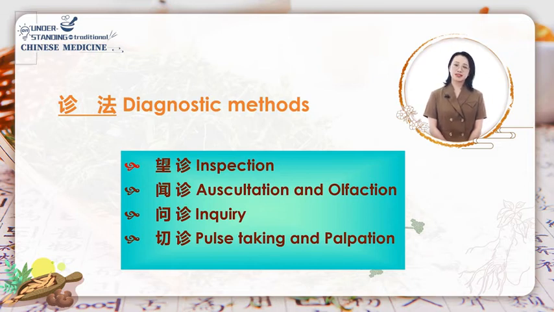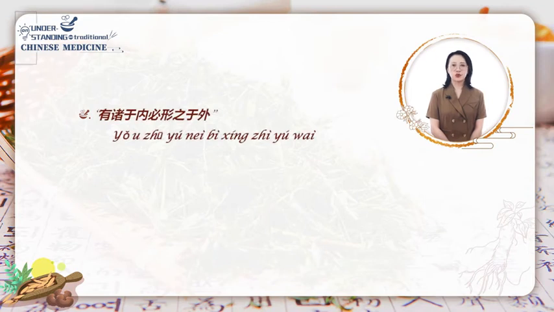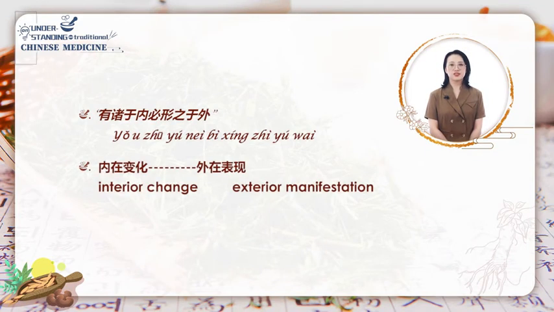Through the four methods, the patient's condition can be well understood and collected by the practitioner. Our body is just like a black box, and what we can see and touch are only the outside manifestations. According to the basic series of TCM, we know that the outside and the inside are connected. There is a sentence in TCM, 有诸于内，必行之于外, which means any change that happens inside the human body must have an external manifestation.